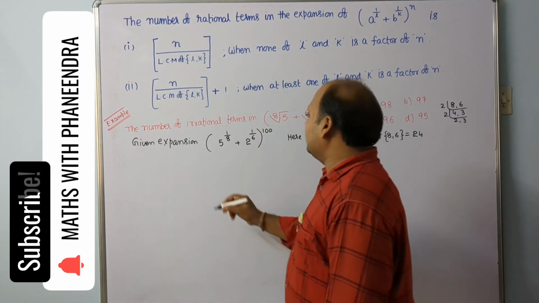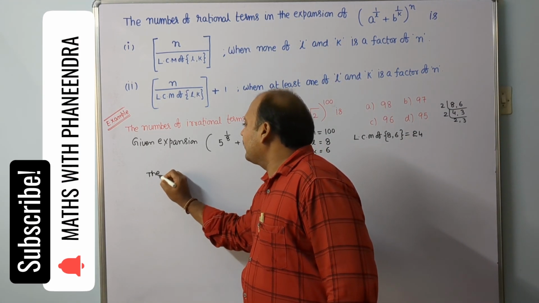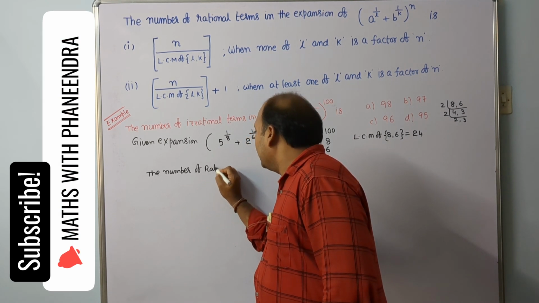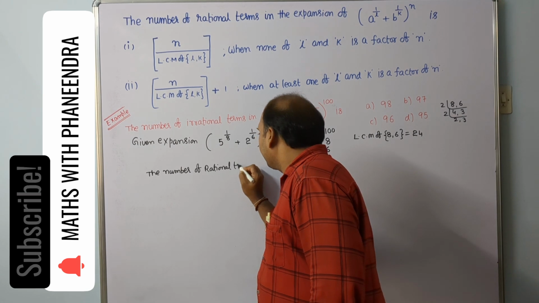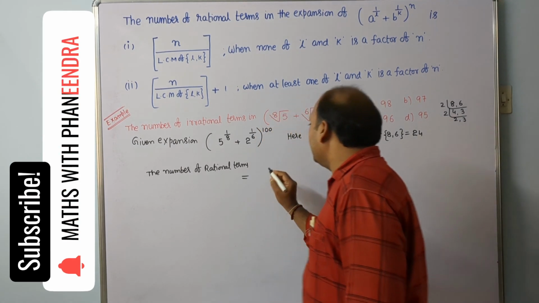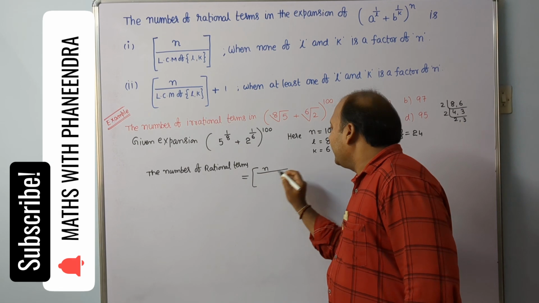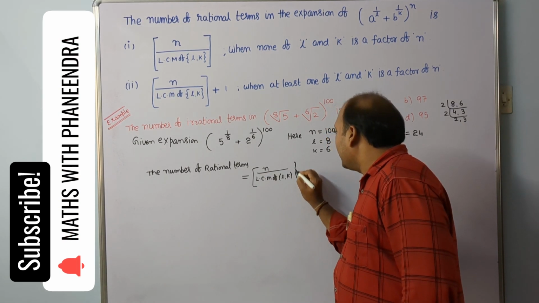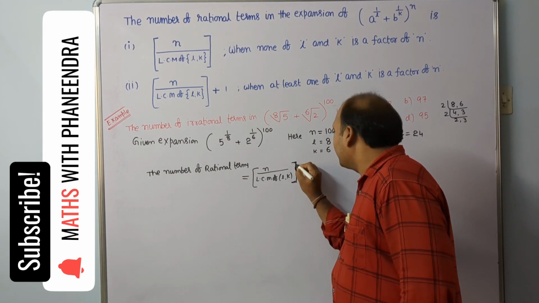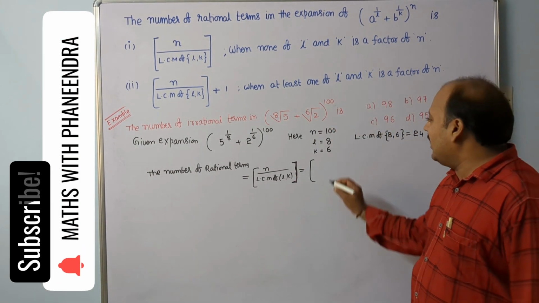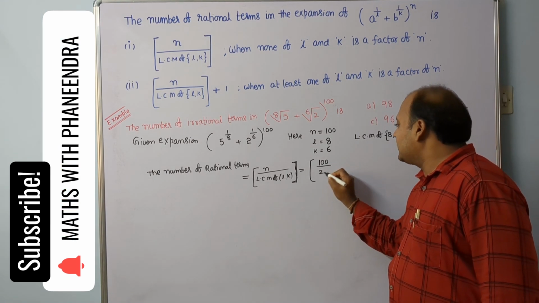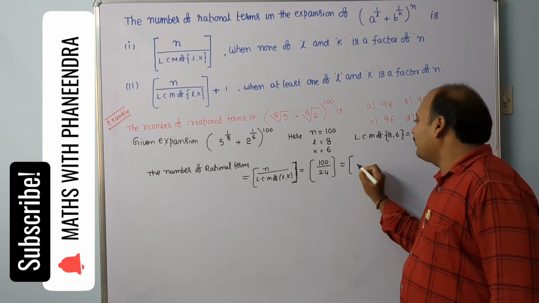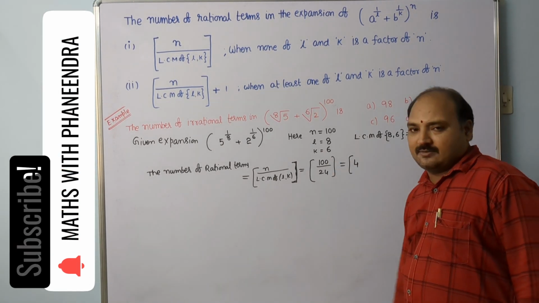First, to get the number of rational terms, it is equal to floor of n by LCM of L and K. That is floor of n value 100 divided by the LCM, 24.